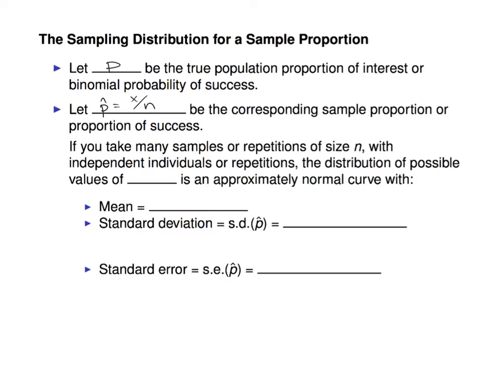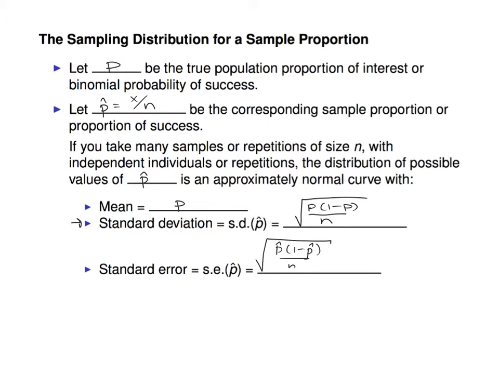If you take many samples or repetitions of size n with independent individuals or repetitions, the distribution of values of p hat is approximately normal, with a mean of p, a standard deviation of the square root of p times 1 minus p over n, and a standard error, that's the estimate of your standard deviation, which is the square root of p hat times 1 minus p hat over n.